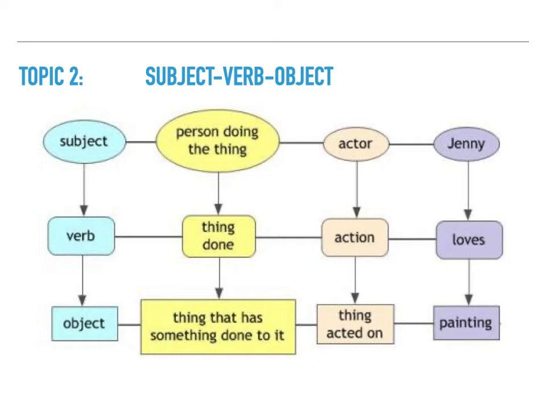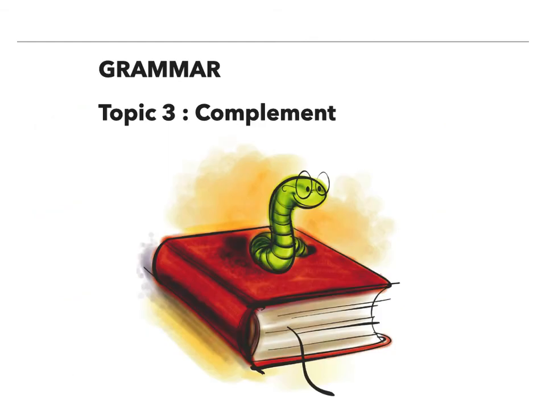So we can say subject is an actor, verb is an action, and object is the thing acted on. An example could be Jenny loves painting. Okay, Jenny is the subject, loves is the verb, and painting is the object.